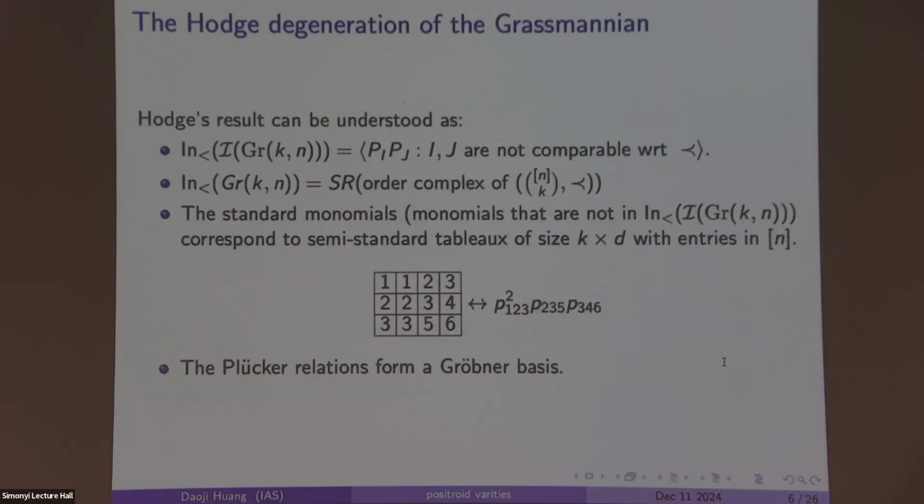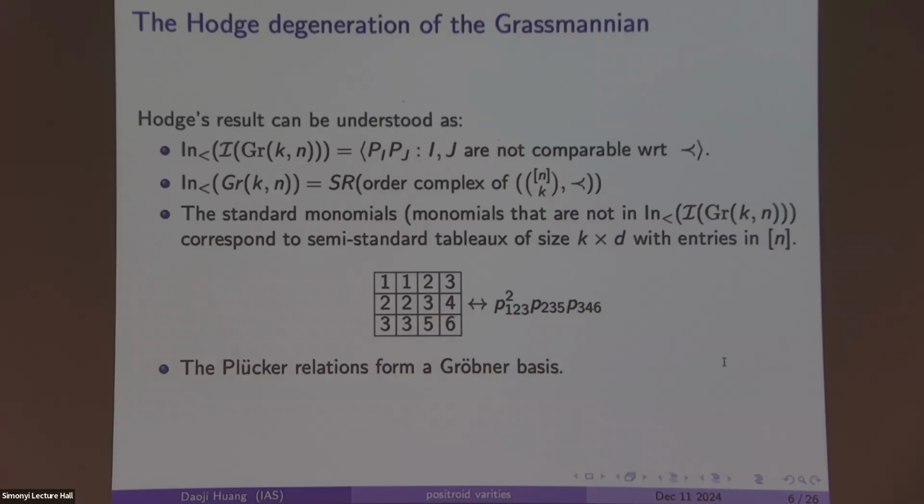So Hodge's results can be understood as follows. Because I explained how Rev-Lex works and how Plucker relations work, the initial ideal of the defining ideal of the Grassmannian is going to be generated by the monomials that are products of pairs of Plucker variables indexed by incomparable subsets.